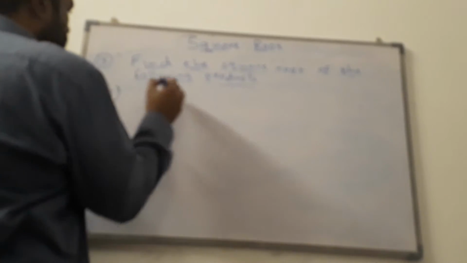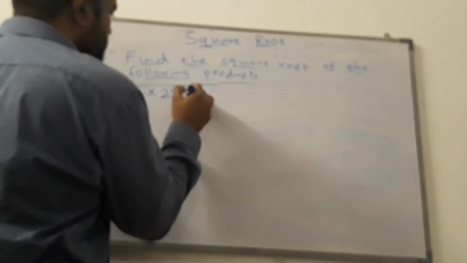Suppose a product like this: 4 times 25 times 49. We know 4, 25 and 49 are all square numbers.